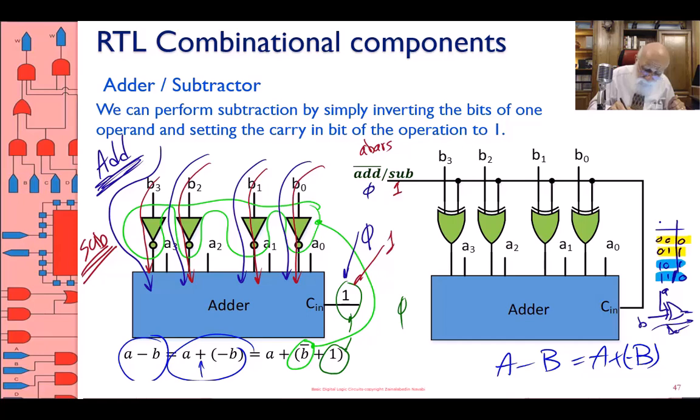Perhaps this was not a good choice of symbols. Let's use, for example, X and Y, and this is the XOR of it. Okay, so that the A and B doesn't get confused.